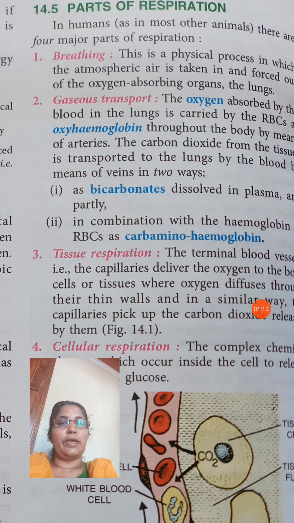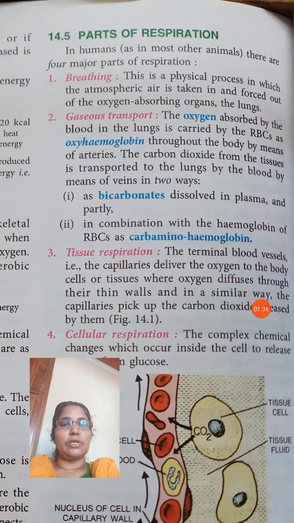So in two ways, as bicarbonate and carbaminohemoglobin, the carbon dioxide is taken from the tissues and released into the lungs, so that from the lungs, by the diffusion of gases, it can come out of the body.